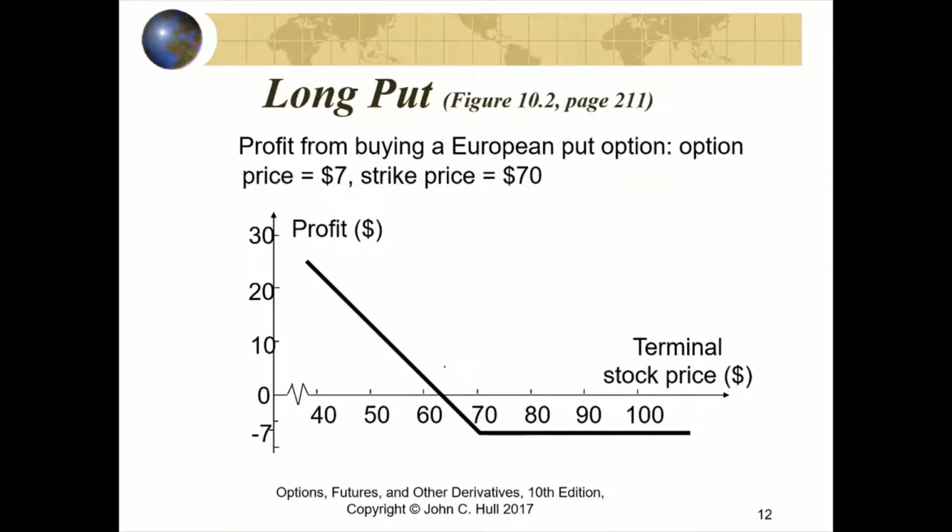So as the stock price decreases, the profit from a long put option will increase. Why? Because, for example, at a price of 50, you can buy the stock at 50, sell it at 70, and you make a profit. Again, here we are assuming you don't own the stock, but you entered this position for speculation.